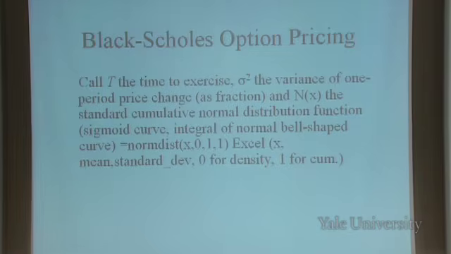And this is for our European option, although it's often used to apply to American options as well. And we'll call sigma squared the variance of the one period price change. And N of x is the cumulative normal distribution function, which you can find on Excel. It's called NORM.DIST.